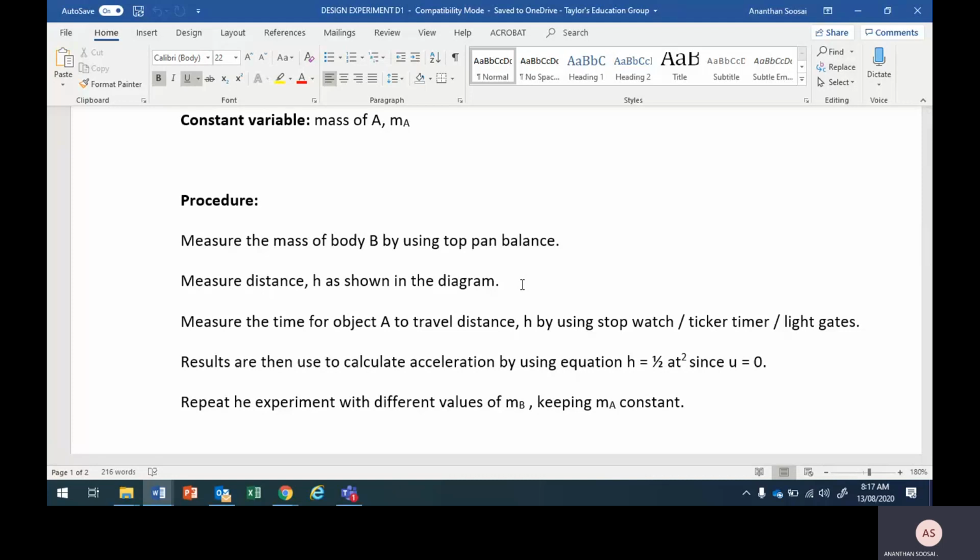If you forgot to write it in the statement but it's in the picture, then you get the mark. So for procedure: how to measure the independent and dependent variables, and how to keep the variable constant. What instrument, what technique.